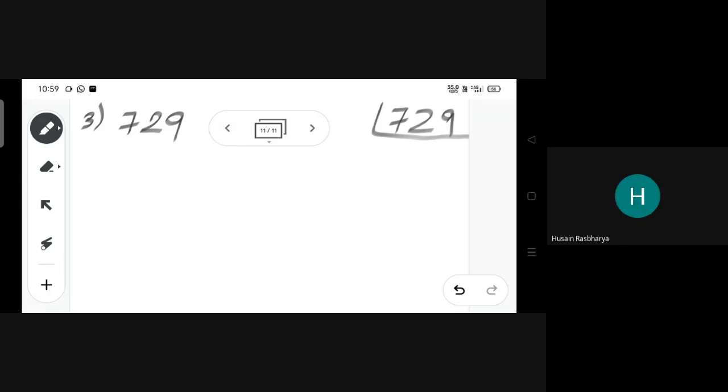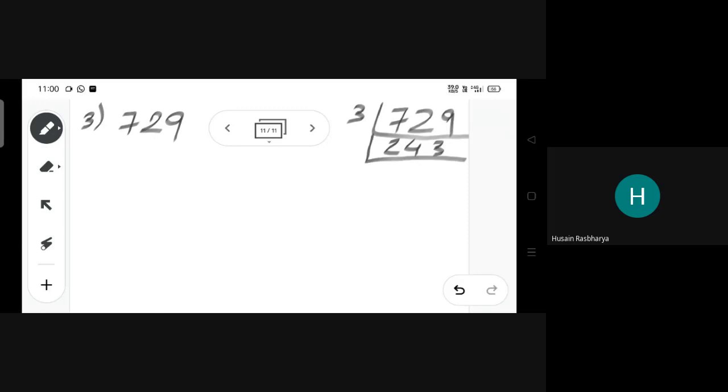Okay, I'll do the sum here. Now, first we'll divide it by 3. Why are we dividing it by 3? Because 729 is not divisible by 2. It's an odd number. So we'll try with 3. If we divide 729 by 3, we get 243.